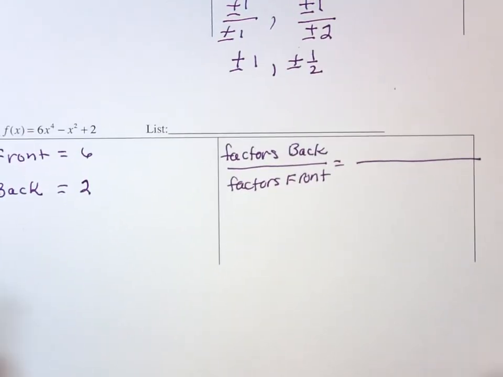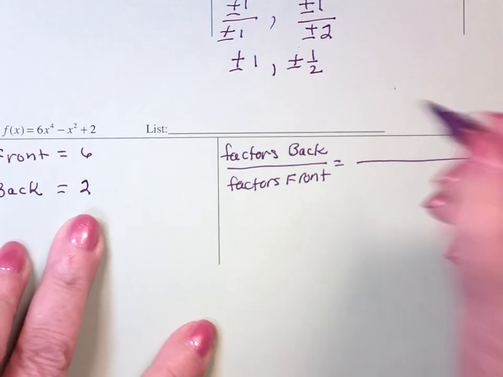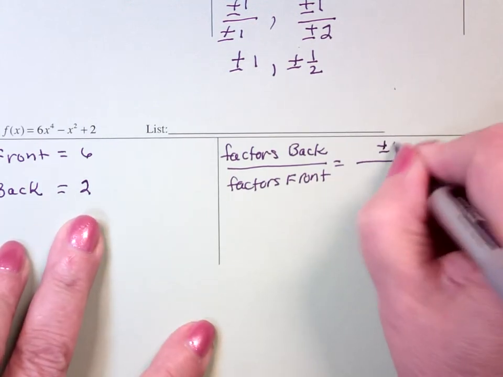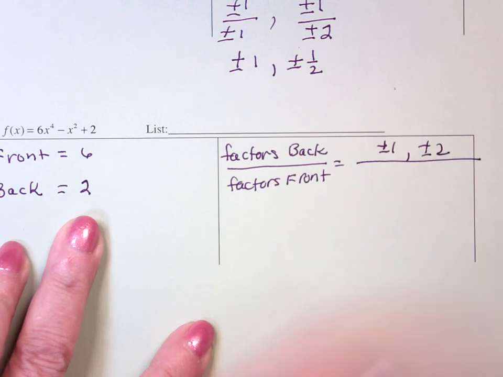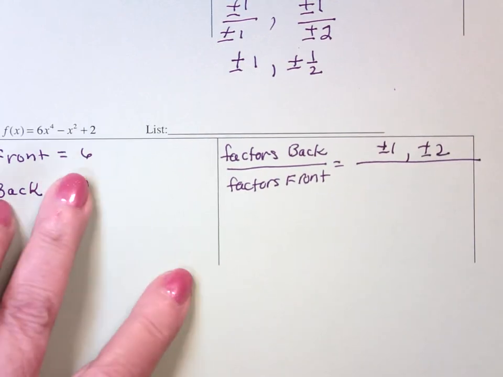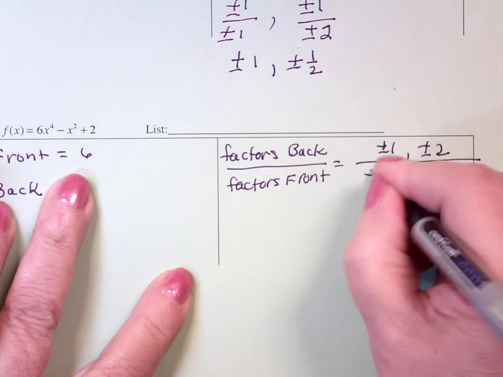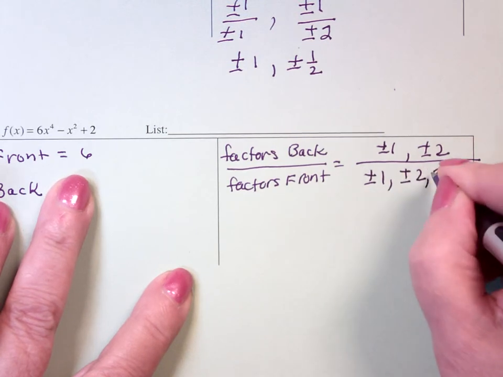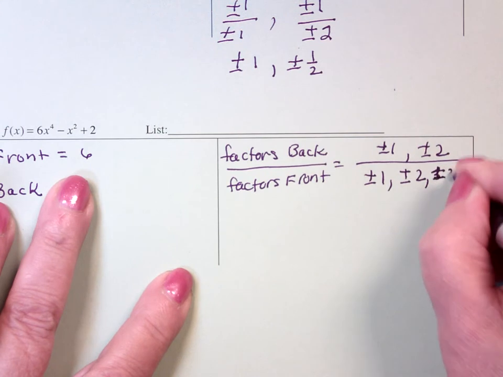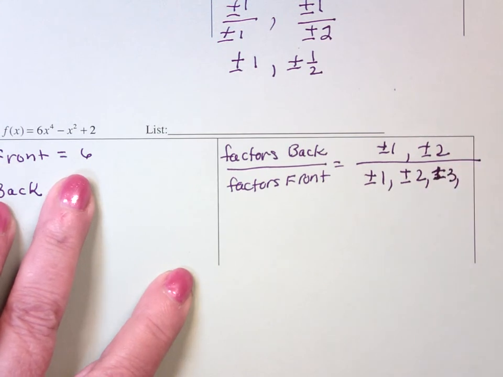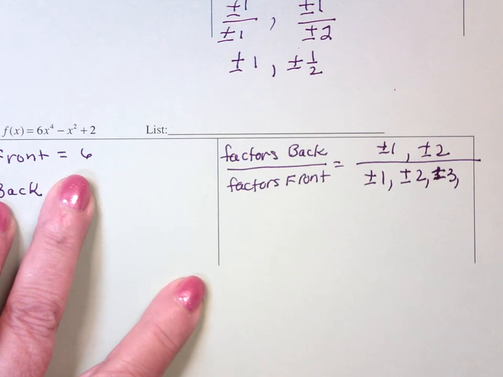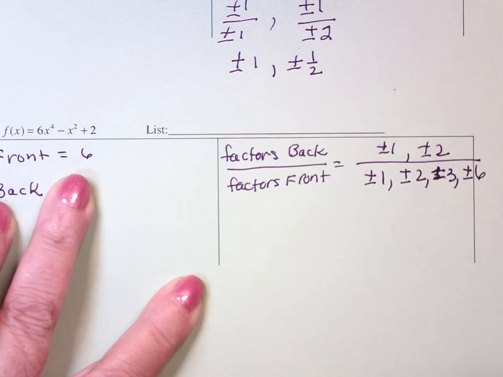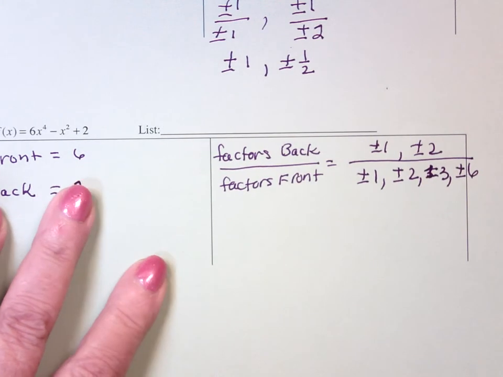The back is 2. So the divisors of 2 are plus or minus 1 and plus or minus 2. The divisors of the front are 1, 2, 3. 4 does not divide 6. 5 does not divide 6. But 6 divides 6. So I start at 1 and work my way through, 1, 2, 3, until I run out.